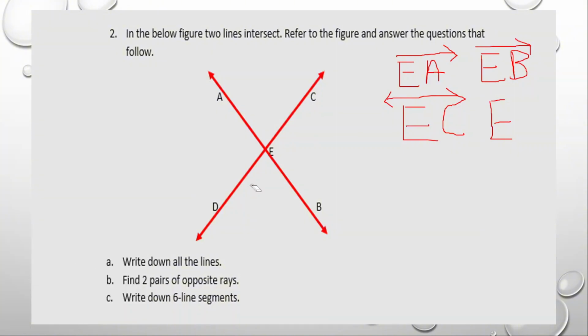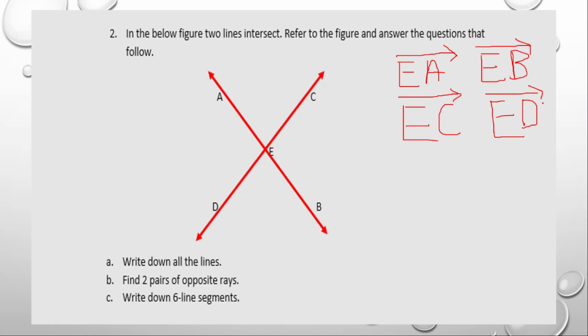Right, let me start again. So we have EC, start at E, continue through C, and then we have EG, E and G.